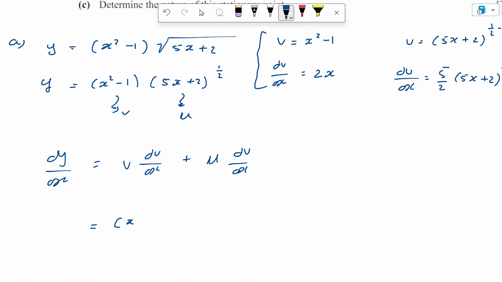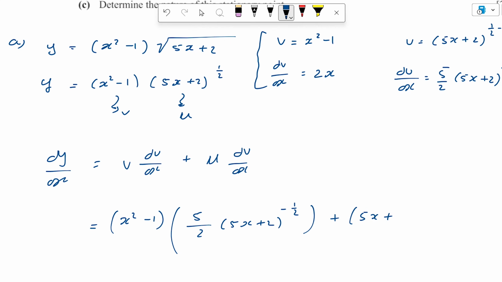So our v is going to be x squared minus 1, bracket 5 over 2, 5x plus 2 to the minus half, okay, plus u dv over dx, okay, let's say 5x plus 2, there.